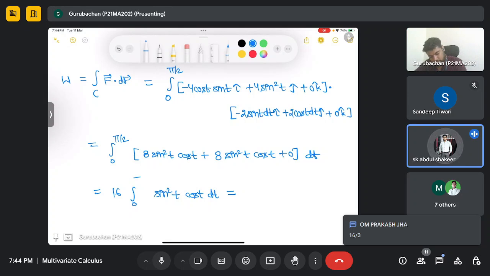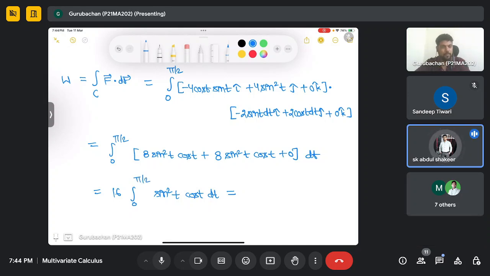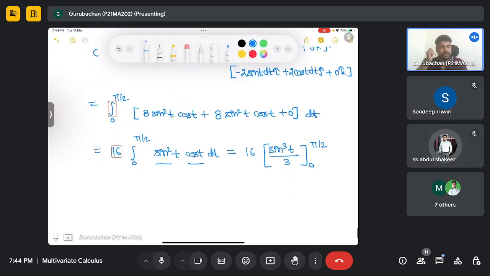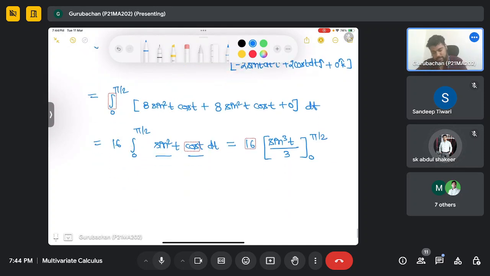If we put sin t as x, cos t dt is dx. The limits have to be changed, but I can write it directly like this, since we are well aware that this is f of t and this is its differentiation. So this will give us 16 by 3. So our line integral, or you can say work done, is 16 by 3 units.